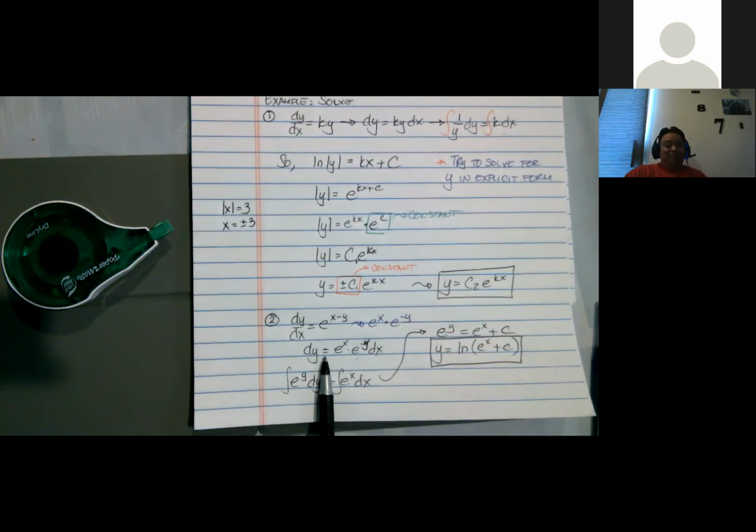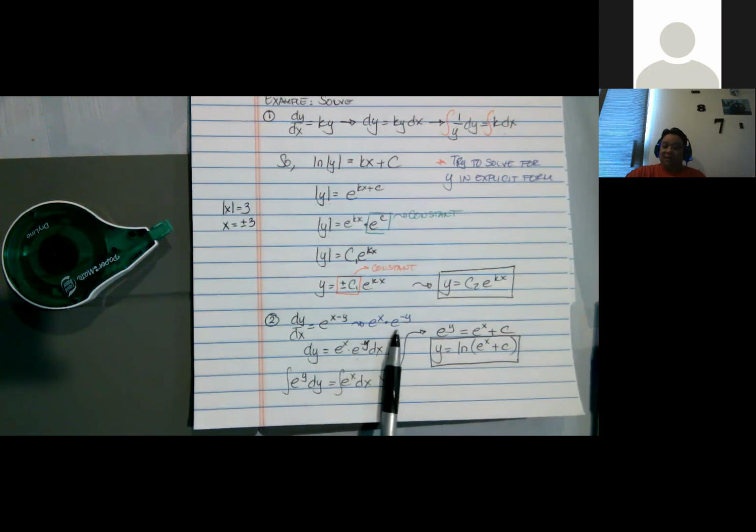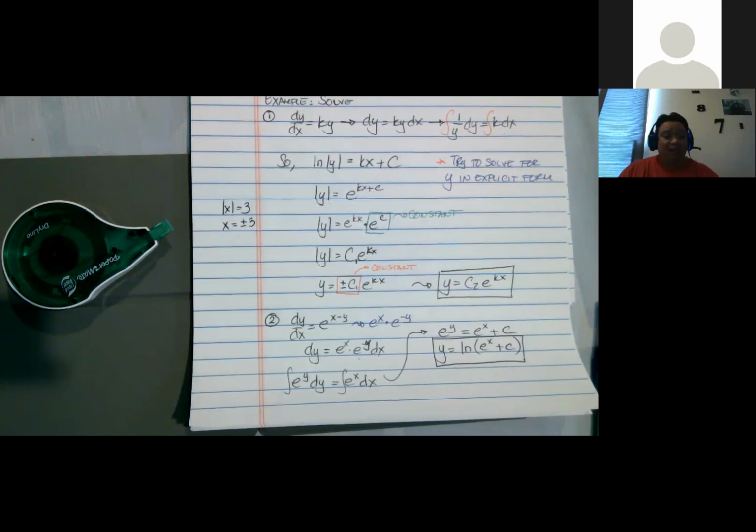How about this one? Linear or not linear? The e to the minus y tells you it's not linear, right? So this is nonlinear, which means whatever we're going over in 2.3 is not going to work on this equation.